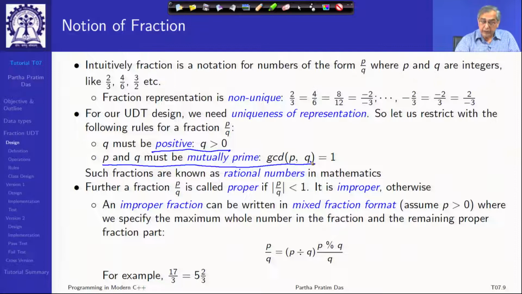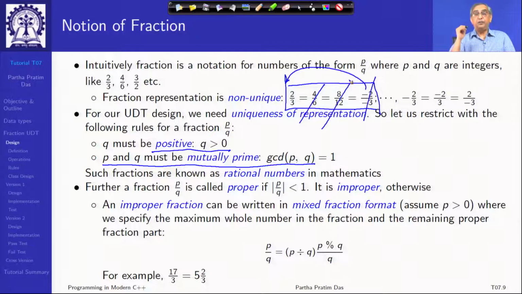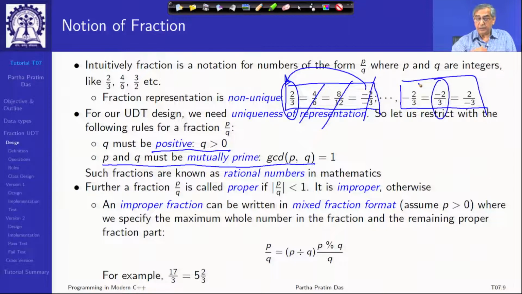So, if you put that, then by the first condition this representation will go out, it is same as this, and by the second condition these two representations will also go out. So, you are left with only one unique representation for 2 by 3. Similarly, if you look at these three, the only unique representation is minus 2 by 3.